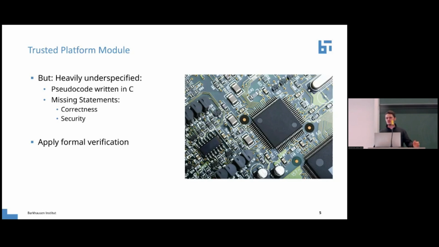And when I look at the cryptographic protocol, I would like to see some statements about correctness and security. And when I talk about security, I'm usually referring to semantic security rather than more protocol-based security, as in many attacks. And since the specification is underspecified, we want to apply formal verification.